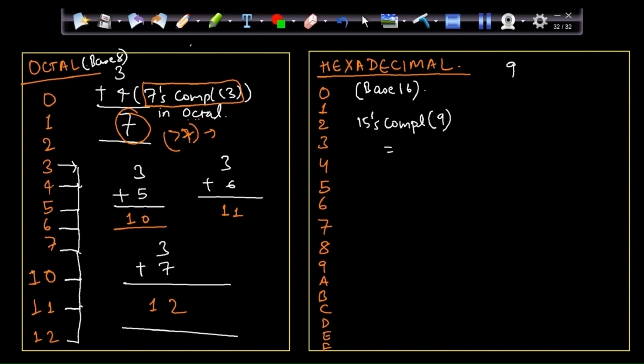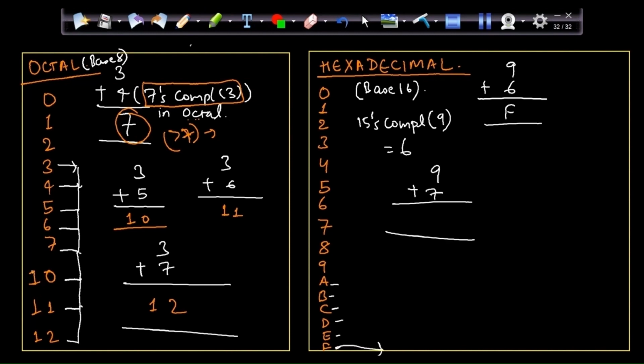It is what should be added to 9 so as to get f, right? So 1, 2, 3, 4, 5, 6. So the 15th complement of 9 has to be 6, because when you go 9 plus 6, what you get is actually 15, and 15 is nothing but f. So if you add, let's say 9 plus 7, the result would be the number after f, and the number after f will be 1 0.